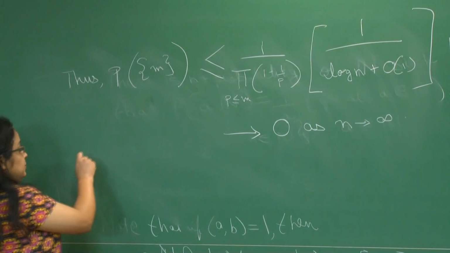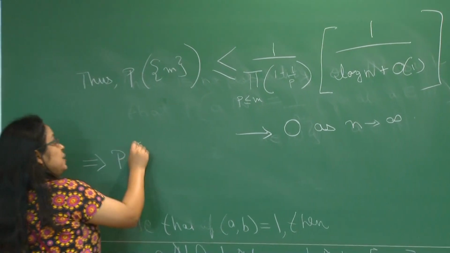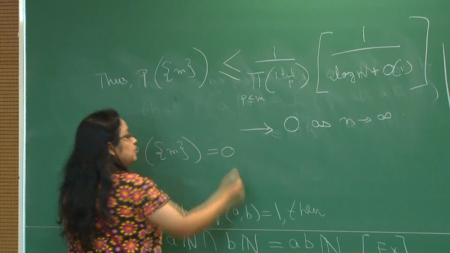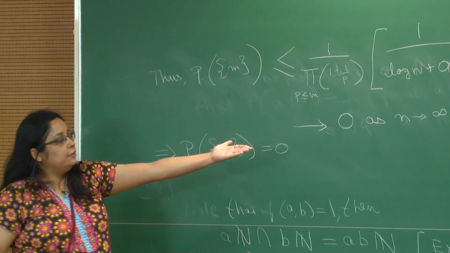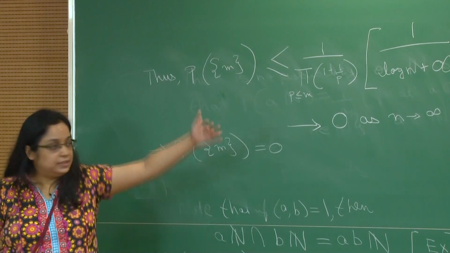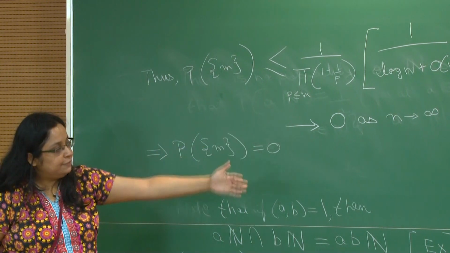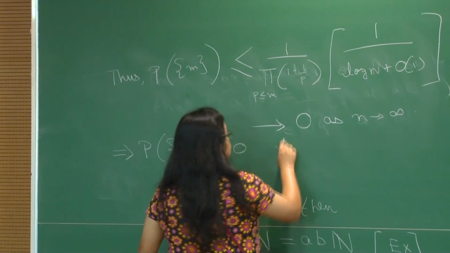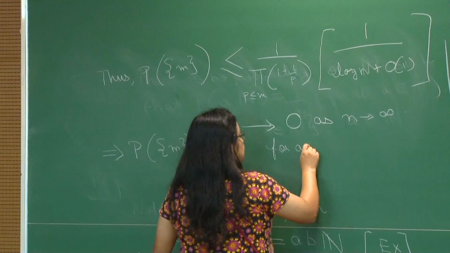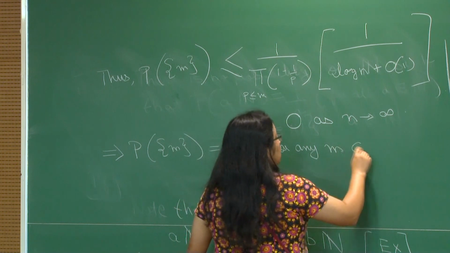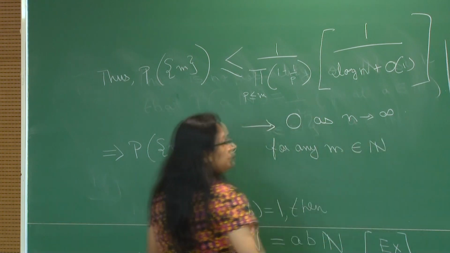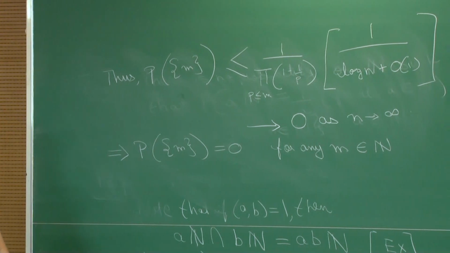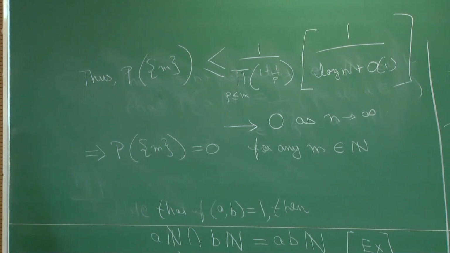So, this means that P of m is 0, but you can start with any natural number m and carry forward the same reasoning. So, this tells you that this is 0 for any m in N, and this contradicts our assumption by the countability of the probability law.